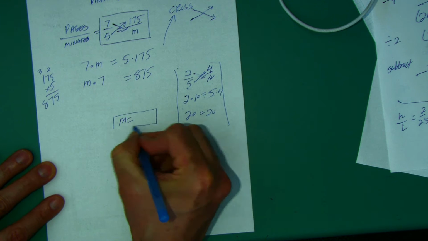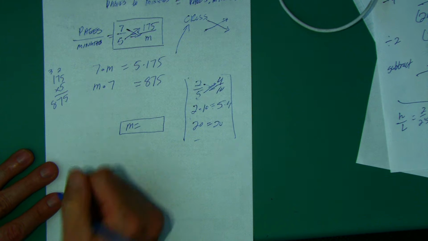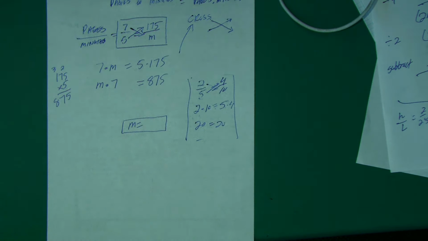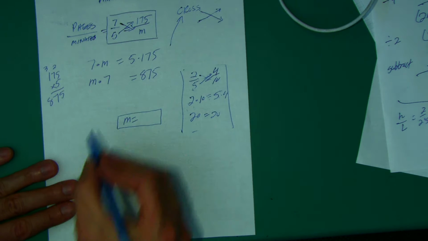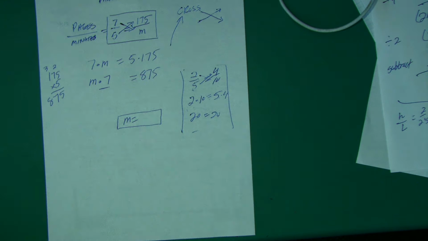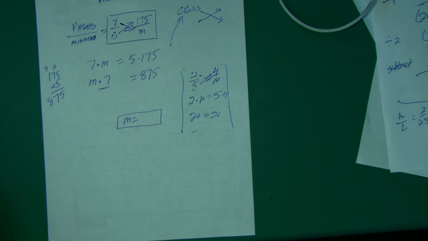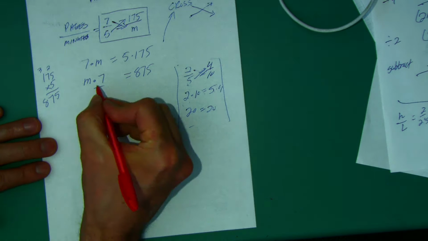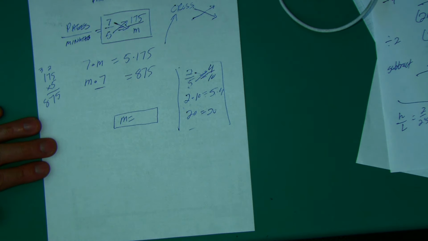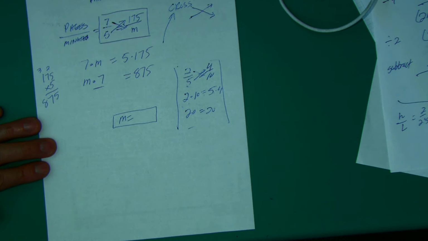That means the n is all by itself on one side of the equal sign, and I have a number on the other side. In order to do that, I have to get rid of everything else. So I have to get rid of the times 7. To get rid of it, you just have to do the opposite. So what's the opposite of times 7? Well, hopefully you're figuring out it's divided by 7.